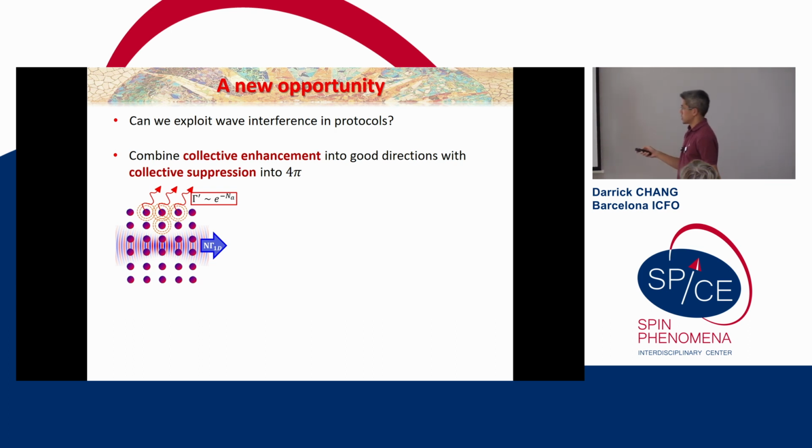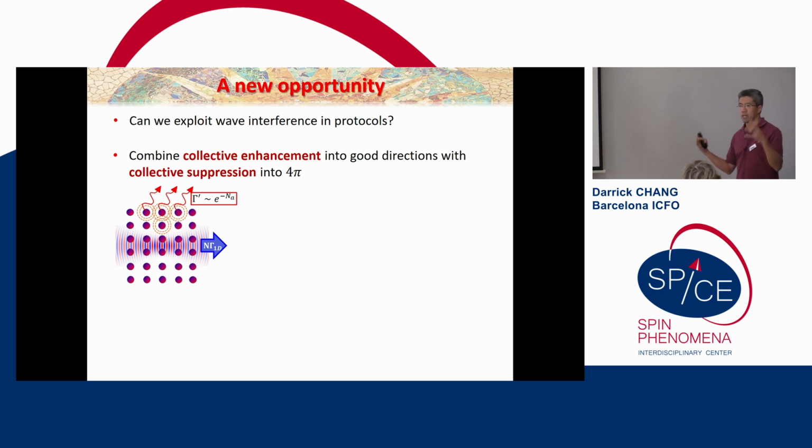And so our standard textbook theory guarantees this kind of collective enhancement into the good modes, but it says that interference into 4 pi doesn't occur. And then the true story is, well, if we can somehow exploit correlated dissipation or wave interference, maybe I can use destructive interference to shut off that 4 pi emission. And if I'm lucky, maybe the rate at which I can shut it off actually depends on atom number.